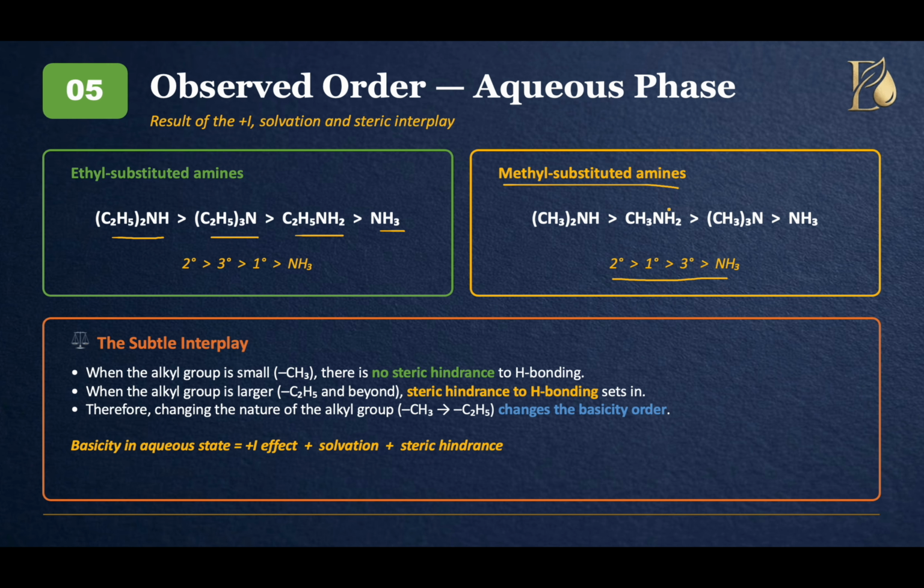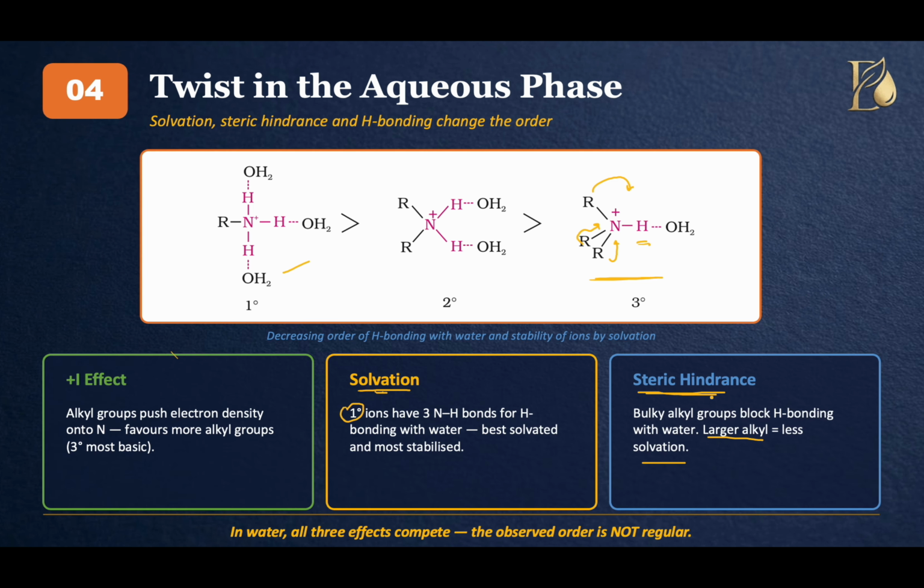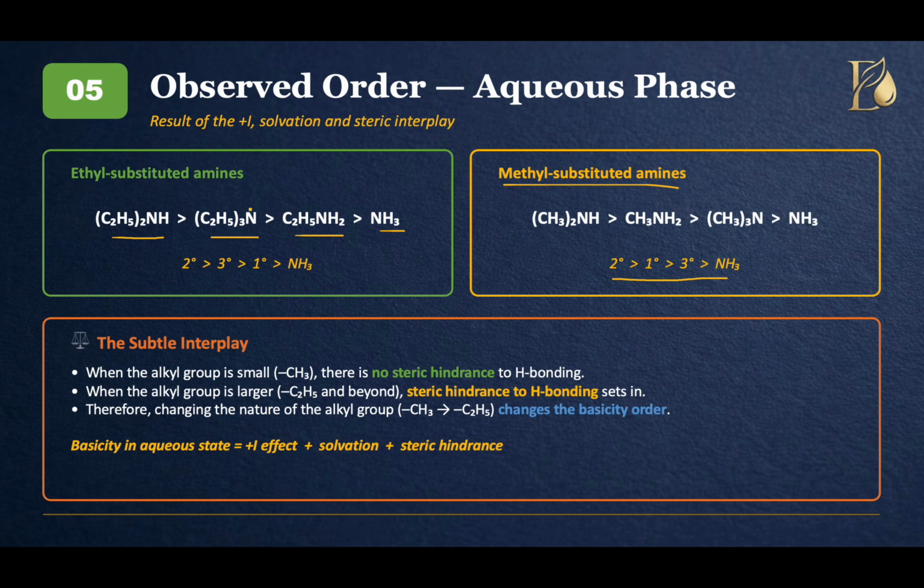So the important conclusion is that the basicity of amines in aqueous medium depends on the combined effect of plus I effect, solvation and steric hindrance. So ethyl-substituted amines follow one order, and methyl-substituted amines follow another. If the alkyl groups are small, steric hindrance is less and solvation becomes more effective. But when alkyl groups become larger, steric hindrance increases and reduces hydrogen bonding with water. That is why the order of basicity changes depending on the nature and size of the alkyl group.